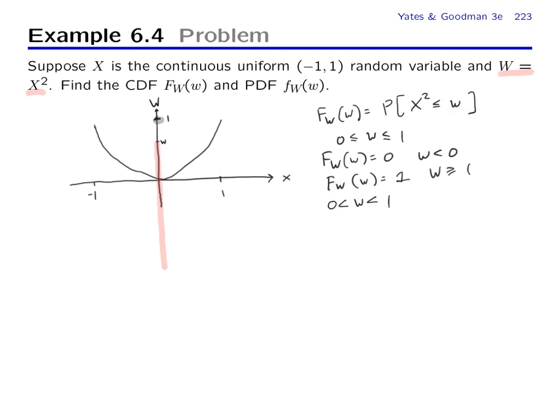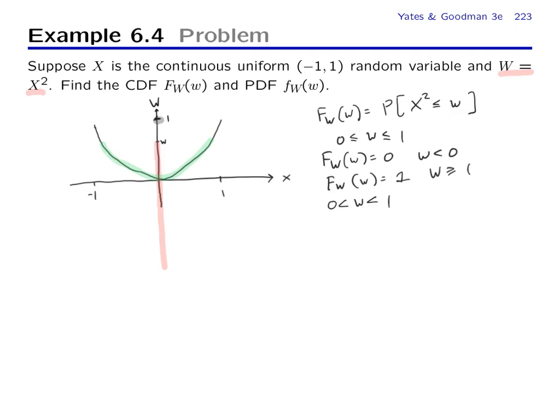And if you think about the x-w pair that's generated, that pair lies along this function, the bowl function corresponding to w, which is x squared.